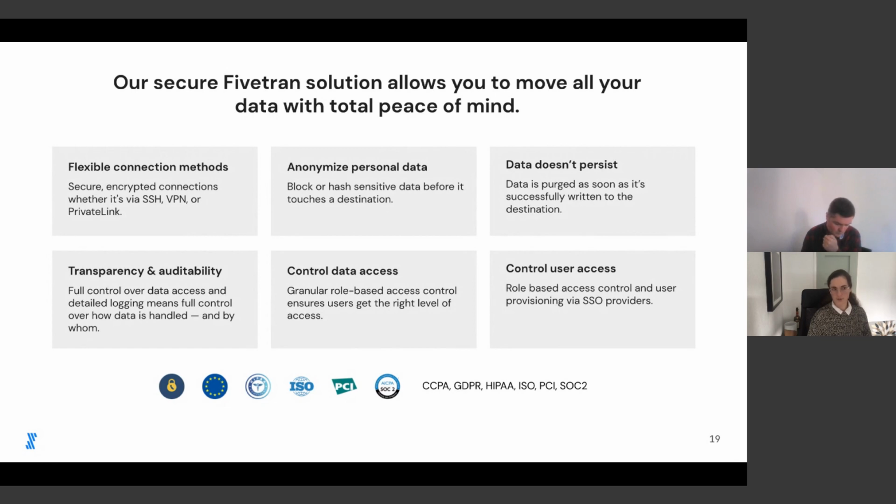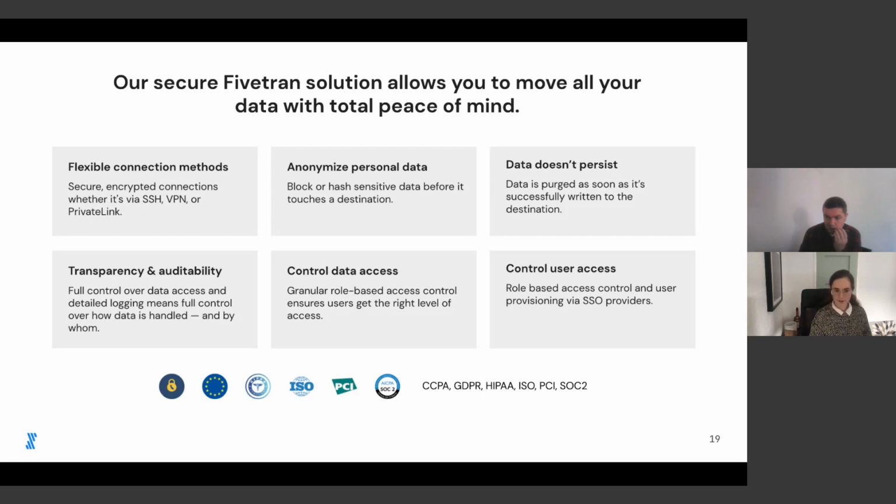When you go to set up a data connector with Fivetran, you can say, I don't want to move that particular column. You can block that column, a whole table, or a whole schema, or you can hash that data before it even arrives in your destination. We don't persist any data, so it's purged as soon as we successfully write it to whatever destination you might have.